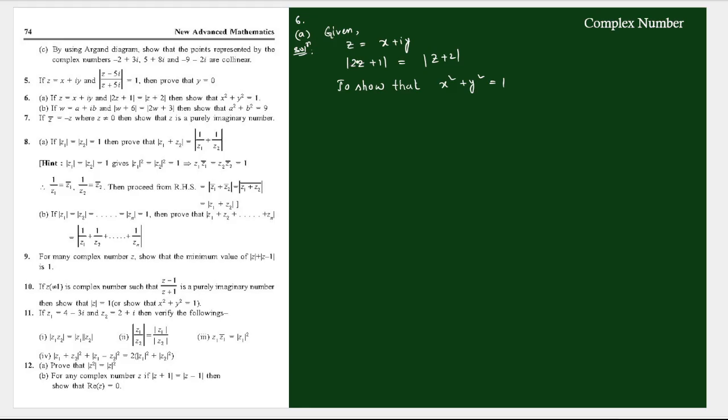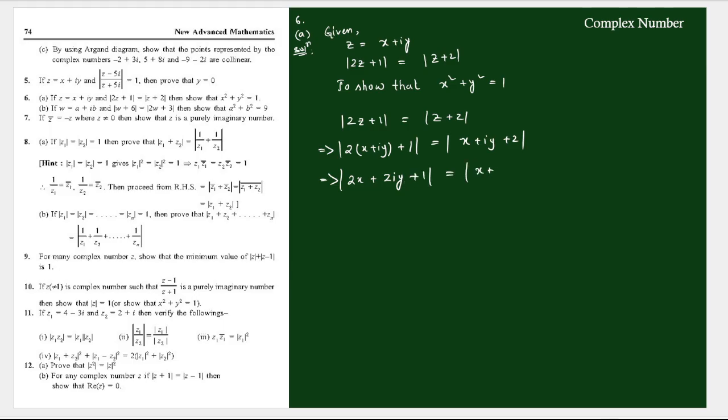Okay, now we will take the help of this one. Modulus of 2z plus 1 equals modulus of z plus 2. Now put the value of z, x plus iy, and here also x plus iy. Now, okay, 2x plus 2iy plus 1.